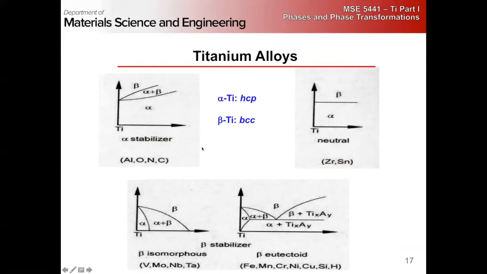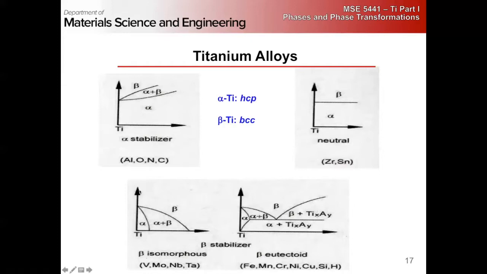If we have alpha stabilizers, we develop a two-phase region, right? An alpha plus beta mixed phase field, and the most common alpha stabilizers are aluminum, which is in solid solution, and then oxygen, nitrogen, and carbon, which are, of course, interstitial, right?